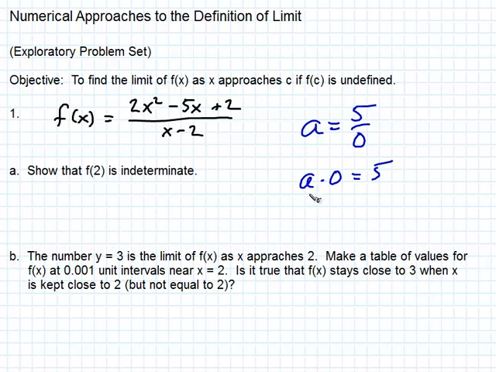Is there any number which, when multiplied by 0, equals 5? And the answer is no, because 0 times anything equals 0. And so claiming that this is a number is equivalent to claiming that 0 equals 5, which is simply false. Okay, so there's no way that there can be a number a with this property.